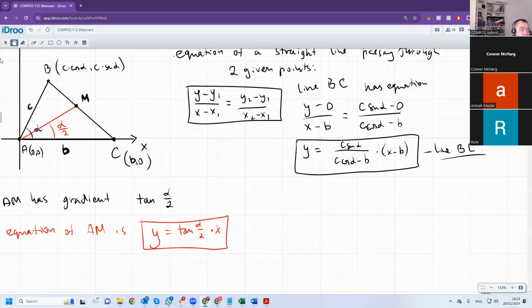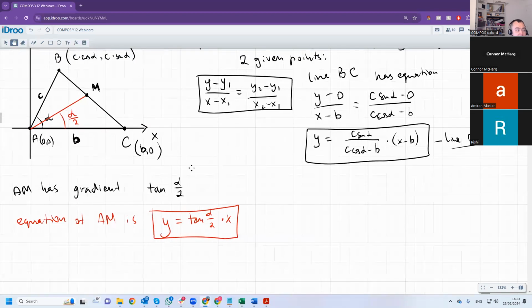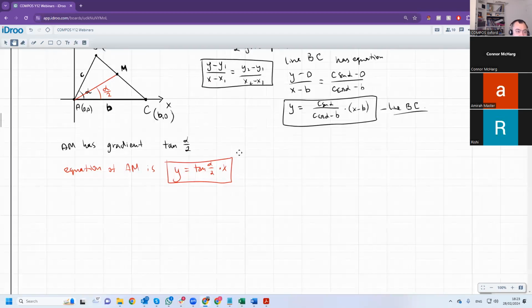So we need to find where the two lines intersect. So AM intersects BC. So M is the intersection of AM and BC. That means we need to solve simultaneous equations. I'm looking for an easy way to do it. Can't see an easy way, unfortunately. So we have to just equate them.